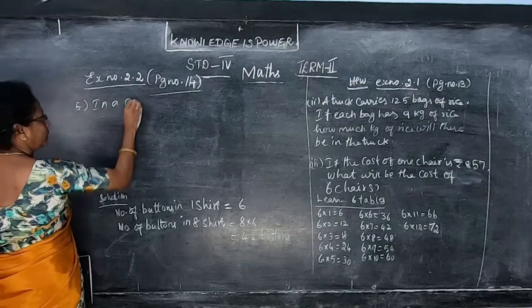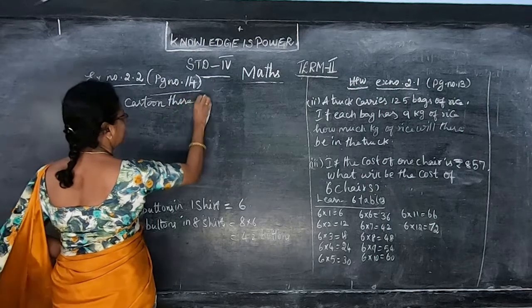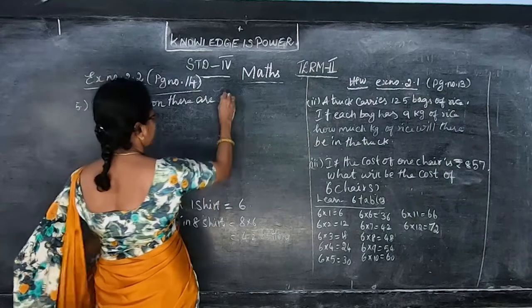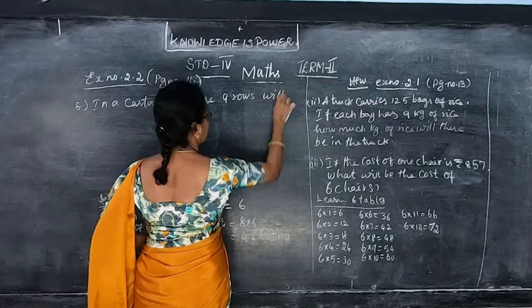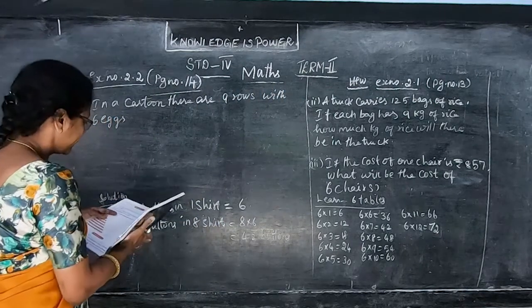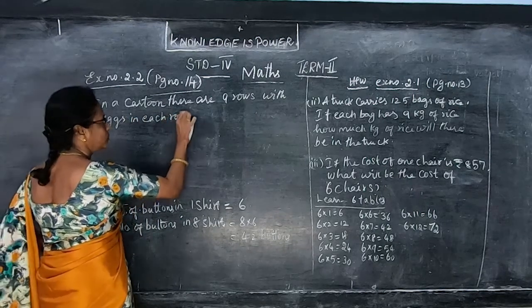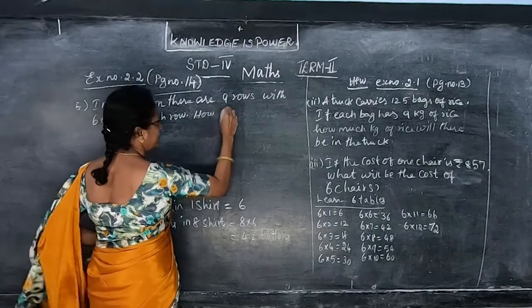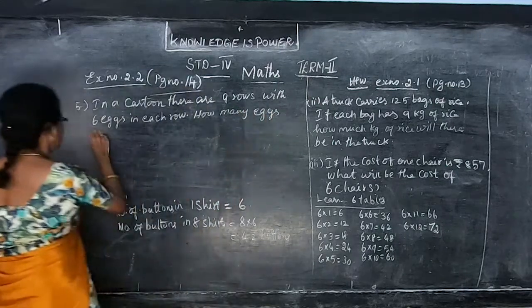In a carton, there are 9 rows with 6 eggs in each row. How many eggs are there in all?